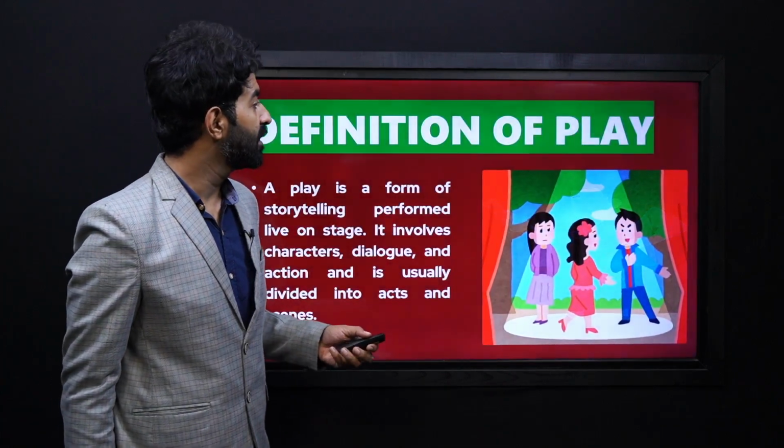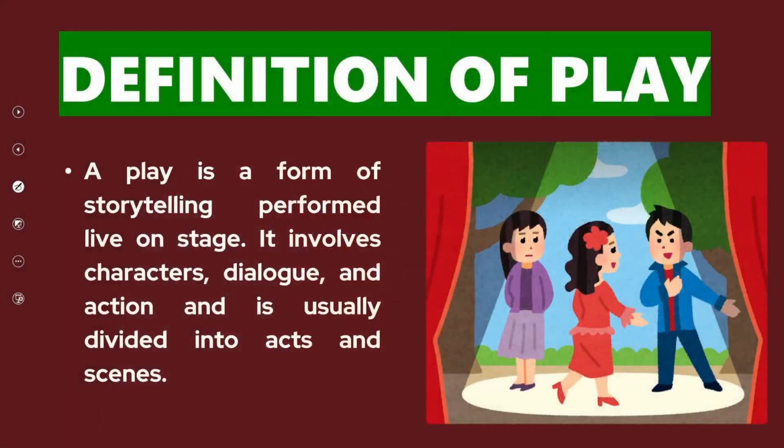Now, for that, let's see how we can define a play. A play is a form of storytelling performed live on stage. It involves characters, dialogue, and action, and is usually divided into acts and scenes.